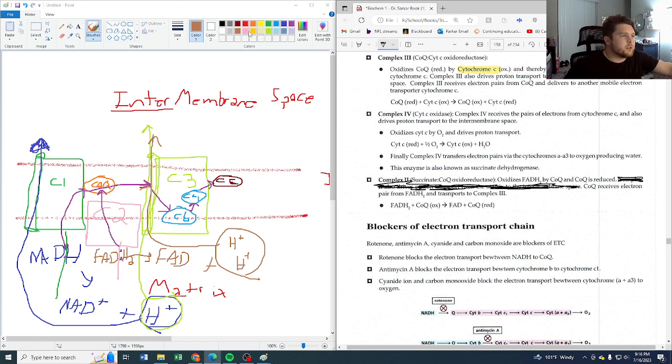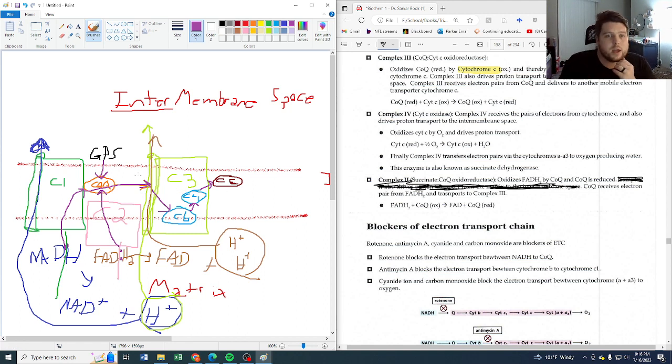So we could also throw a little note in here that our glycerophosphate shuttle is also putting electrons in right there to help it to continue that chain.